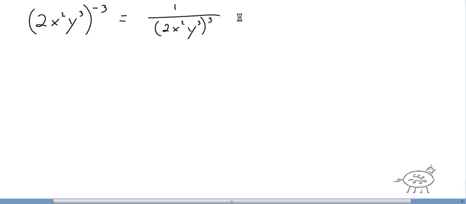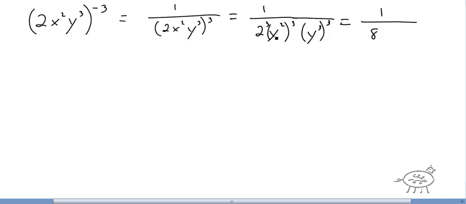And then you distribute that cube, so it's 1 over 2 cubed, x squared cubed, and y cubed cubed. It looks a little complicated, but you've got to write all that out. And then, of course, 2 cubed is 8. This is old stuff, a power to a power. So x squared cubed is x to the 6th. Y cubed cubed is 3 times 3, y to the 9th. That's your answer to that problem. That was kind of complicated, but not that bad as long as you follow the rules.